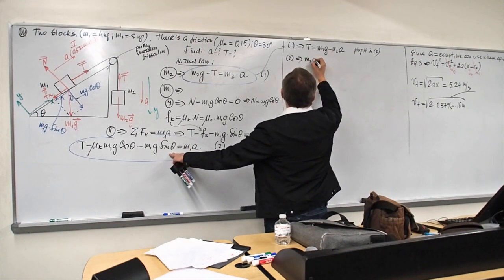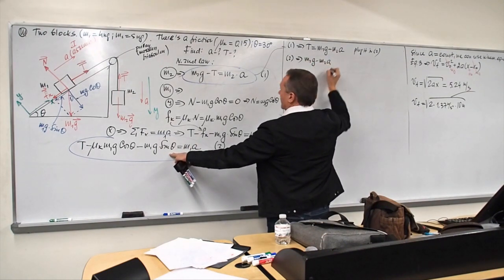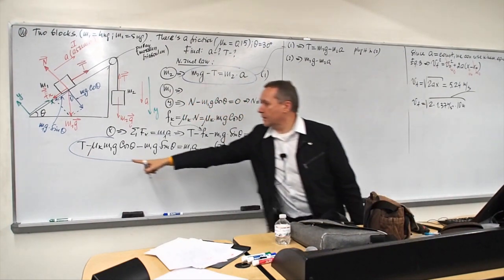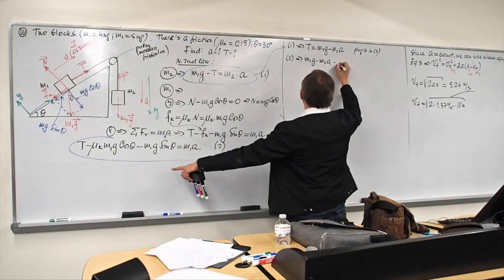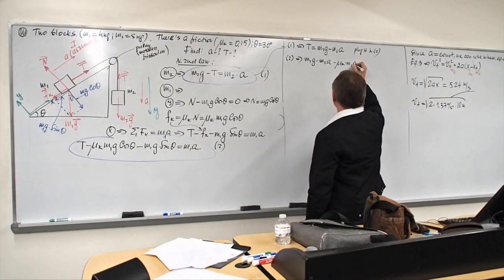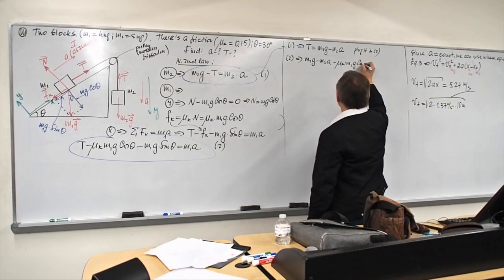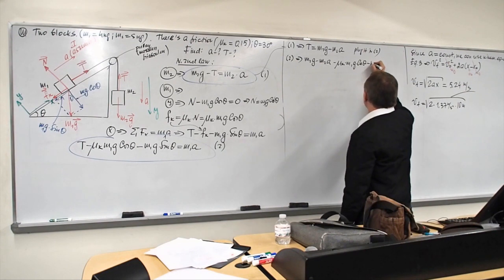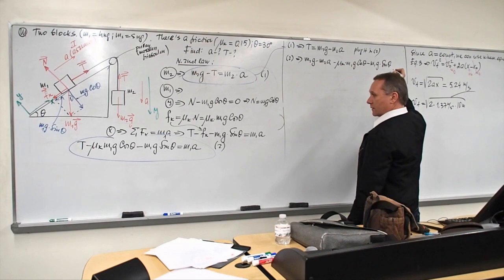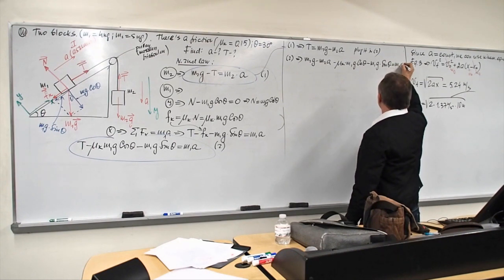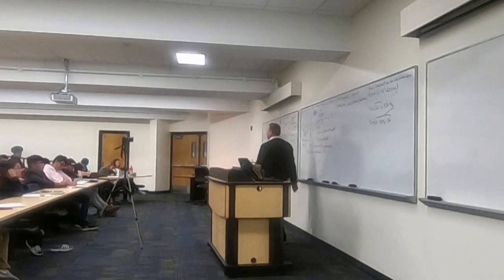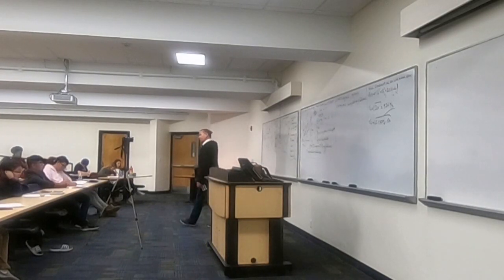So m2 g minus m2 a, I just rewrote this instead of tension. And now the second term, minus mu k m1 g cosine theta, minus m1 g sine theta equals m1 a. I hope I didn't make a mess with the subscripts. I tried to be careful.